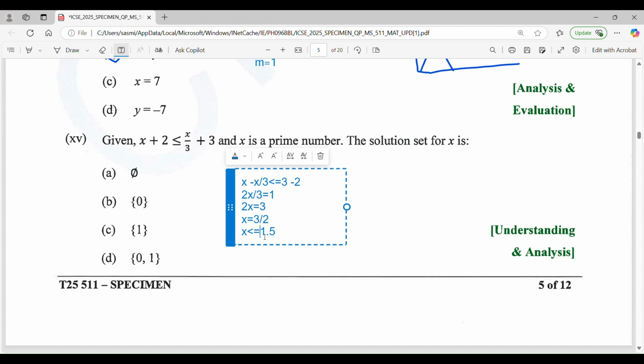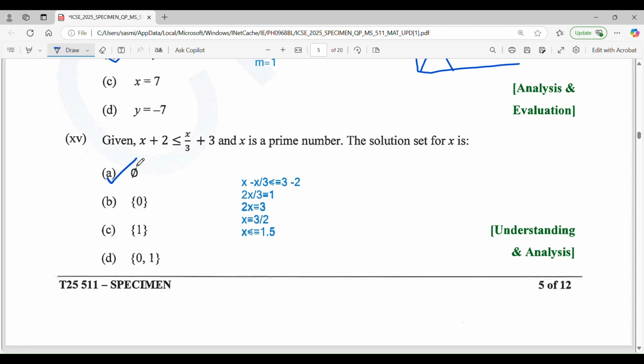The smallest prime number is 2, and x less than or equal to 1.5 means there is no prime number. So the set is the empty set. So option A is the correct answer: the empty set.